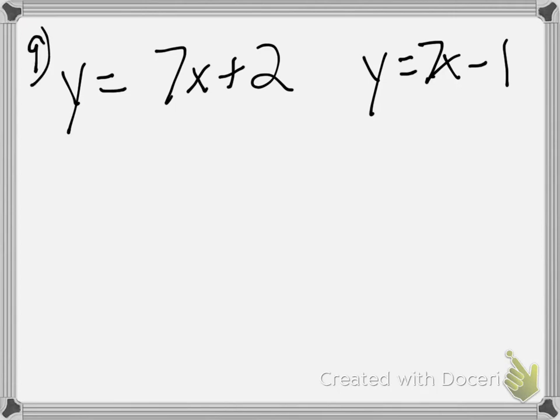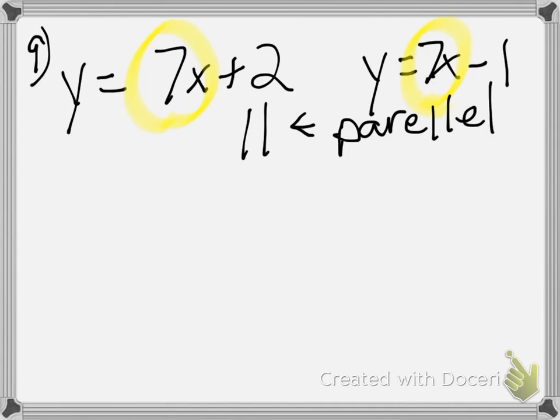To figure out whether it's perpendicular or parallel, we're going to be looking at the slope. So, what is the slope? 7. On both of these, correct? Yes. So what type of line is this? It is parallel. That's all you have to do. That's it. Well, some of them will not already be.